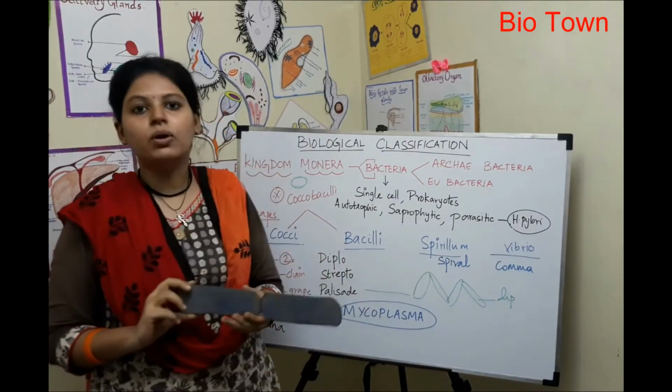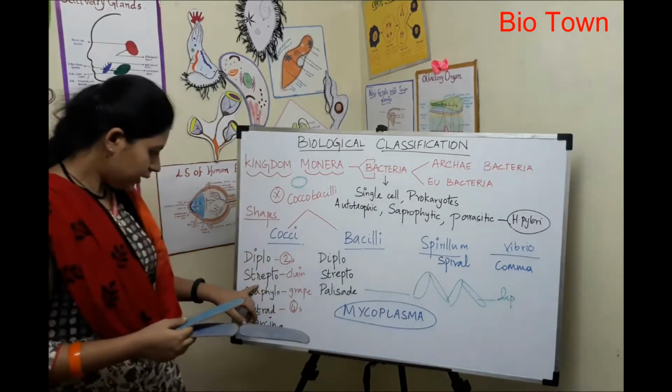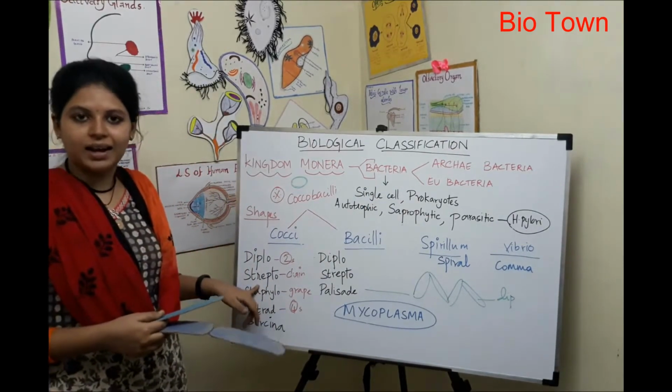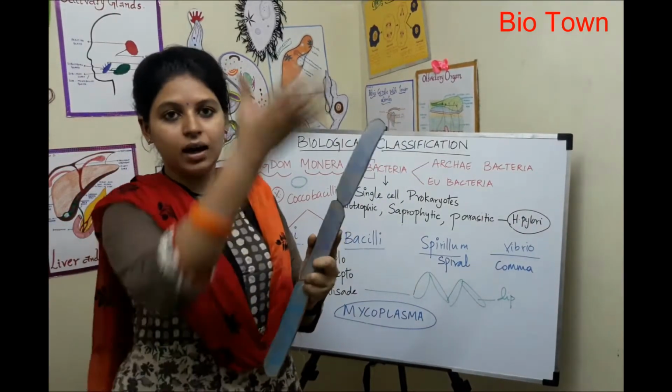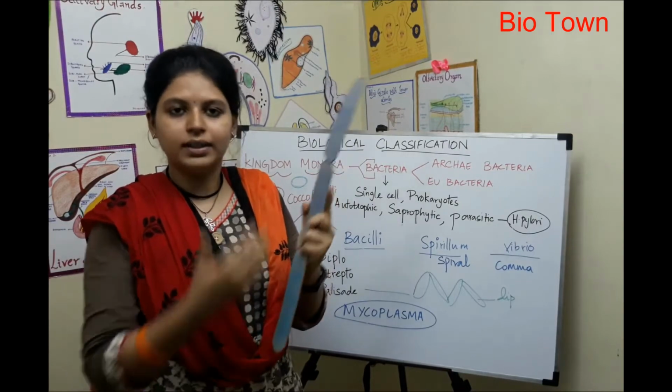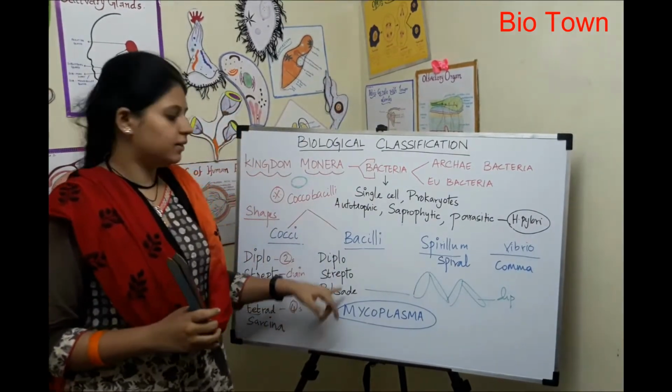Next is streptobacilli. For example, chains. As we saw with streptococci, they occur as chains. In the same way, streptobacilli occur as very long rods in chains. Next, we'll talk about palisade bacilli.